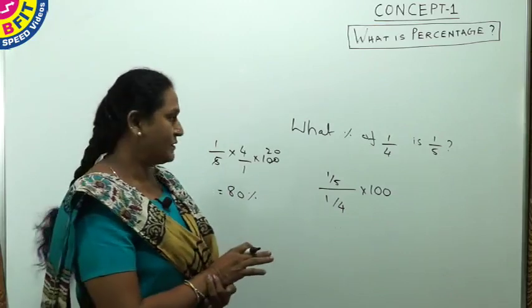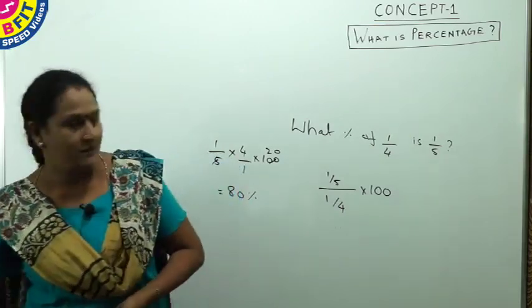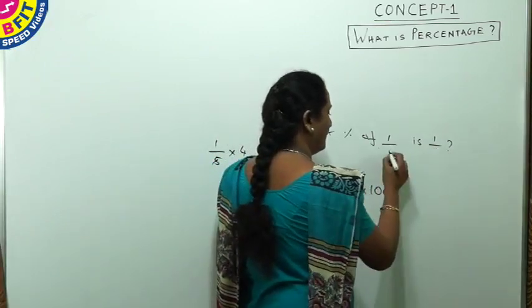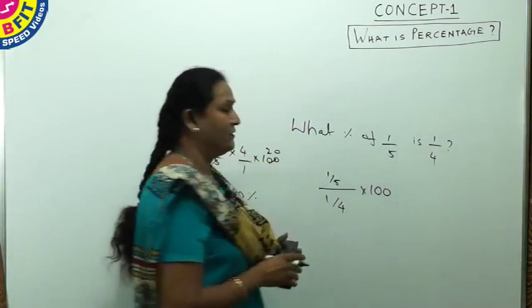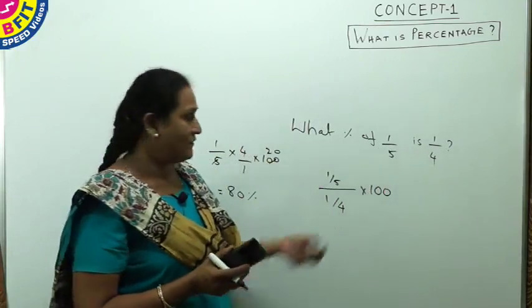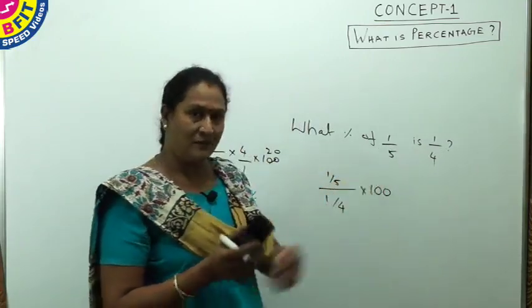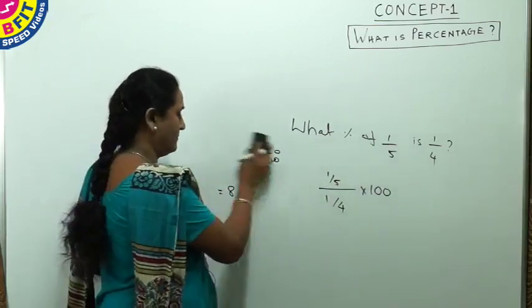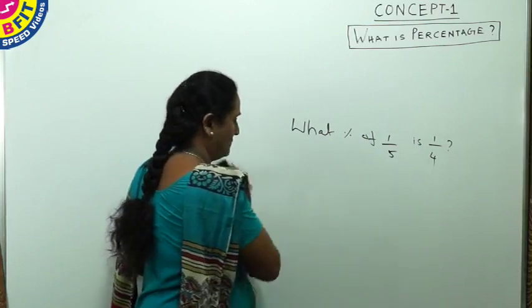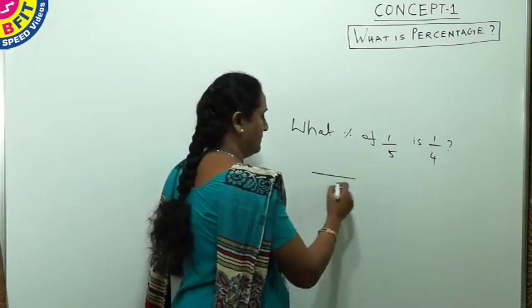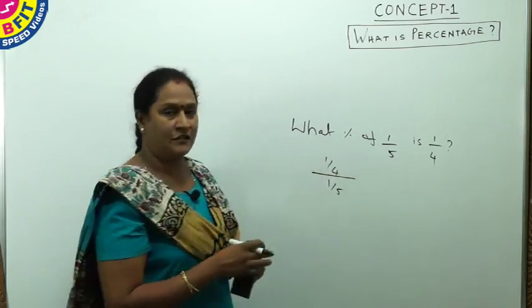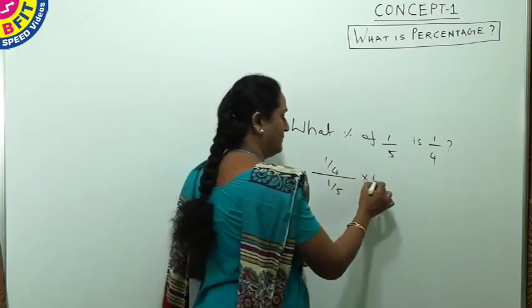Suppose the question is like, what percent of 1 by 5 is 1 by 4? Now which will be the base? The one which comes after "of" will be the base, so write that fraction in the denominator and 1 by 4 in the numerator into 100.